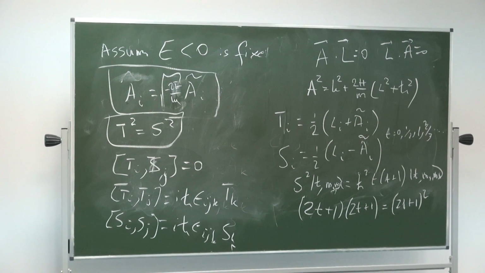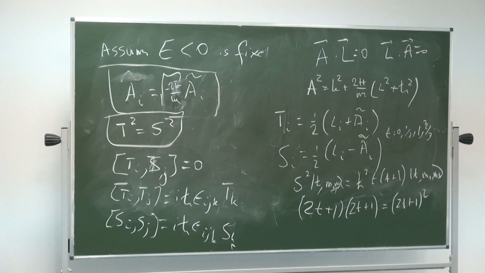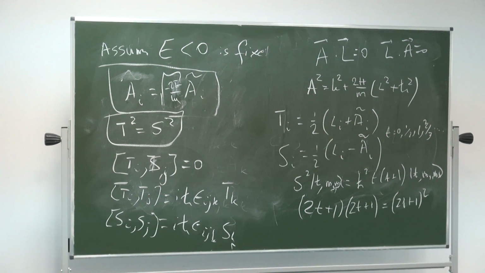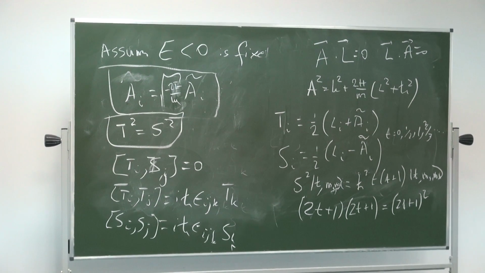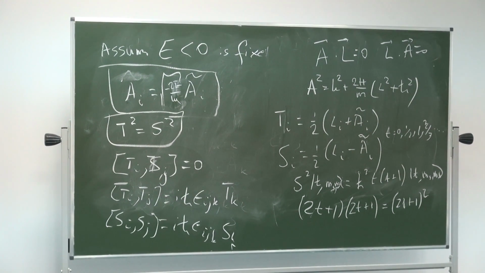These are just squares of consecutive numbers. 1 square, 2 square, 3 square, and so on. You know very well that this is precisely the degeneracy of the hydrogen atom. So by playing this game, we found the degree of degeneracy in every negative energy eigenvalue subspace.